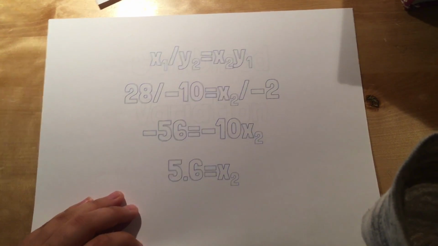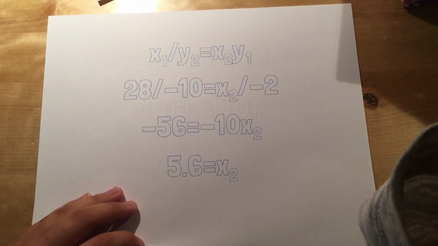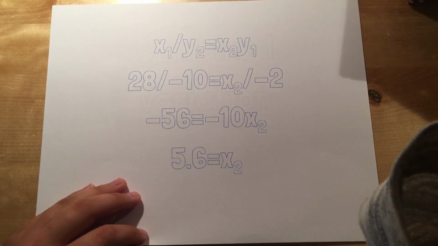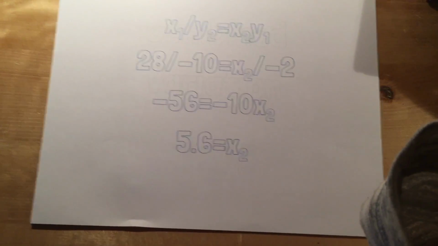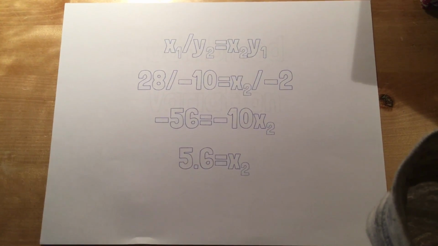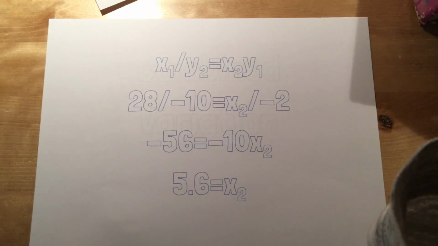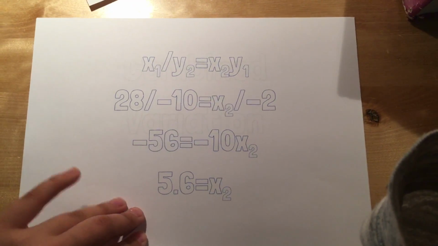Cross multiply, -56 equals -10x2. Divide by -10, x2 equals 5.6 or 5 3/5. Ms. DeBellis doesn't care if it's in decimals or fractions, but it's always good to put both just in case.